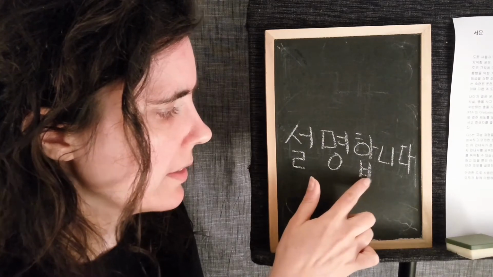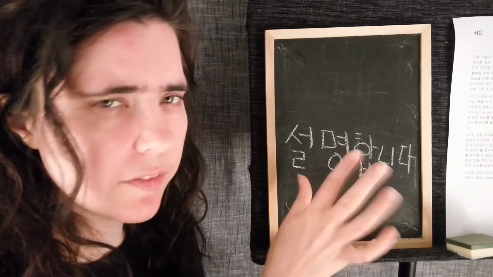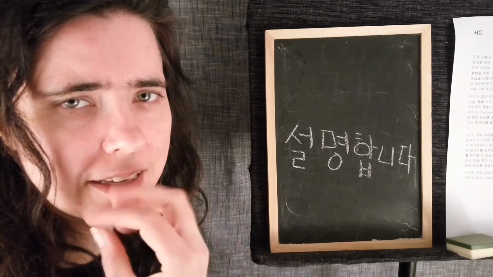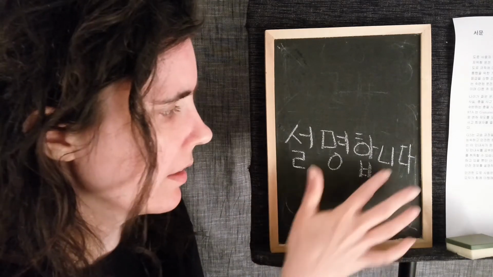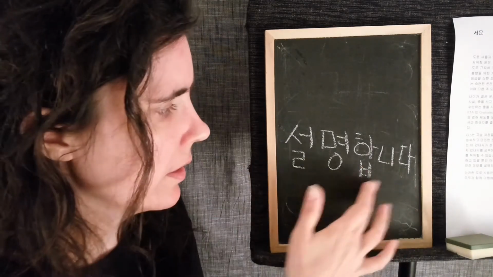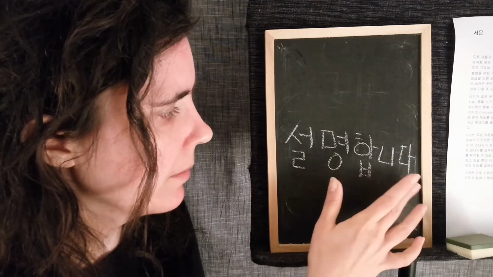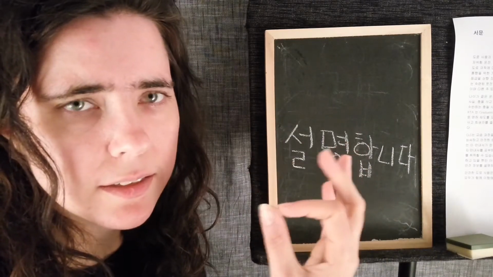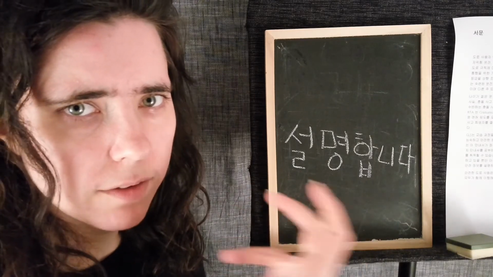So this will basically turn into kind of an M sound at the bottom. It'll still have an influence, but it turns into an M because it's voiced, and into a nasal because it's closer to that N. So 설명합니다. Again, our kind of t sound turns to a d in the middle of a word.